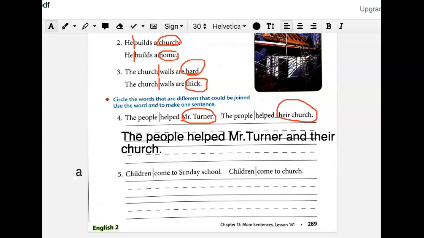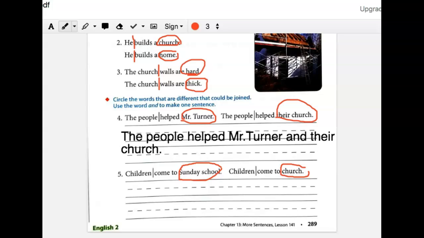Number 5, children come to Sunday school. Children come to church. The subject is children, and they are the same in both sentences. And the verb come, as well as the word to, is also the same in these two sentences. Then what words are different that could be joined together to make one sentence? They are Sunday school and church.